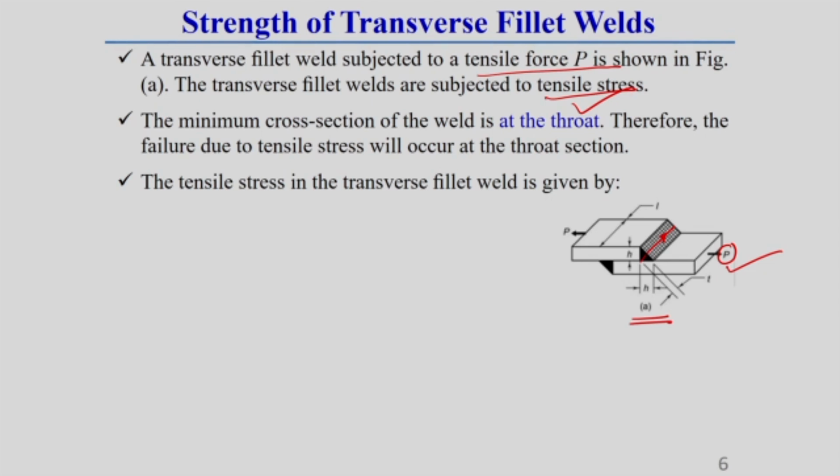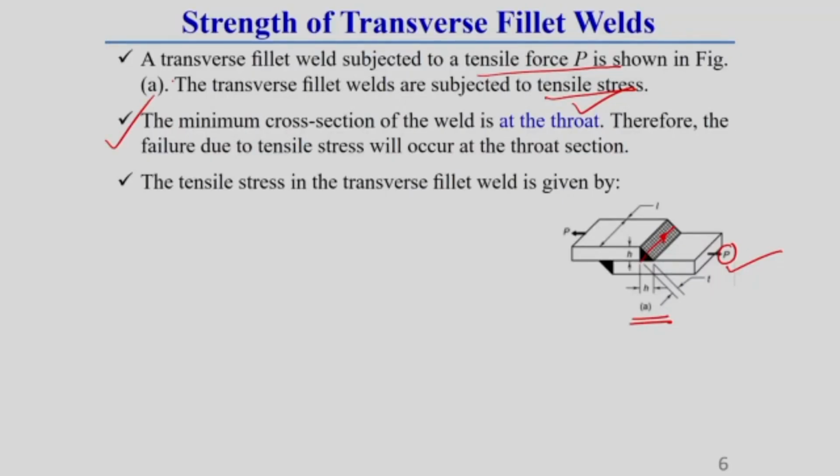Therefore, the failure due to this tensile stress should occur at the throat section, because the cross sectional area at the throat is minimum, so the maximum tensile stress will develop there. That is where the chances of failure are greatest. The minimum cross section of the weld is at the throat, therefore the failure due to tensile stress will occur at the throat section.